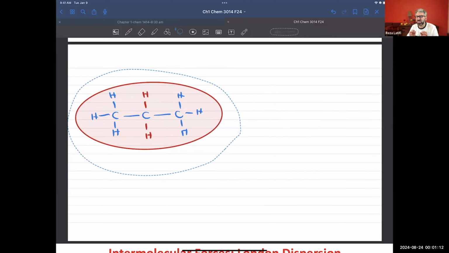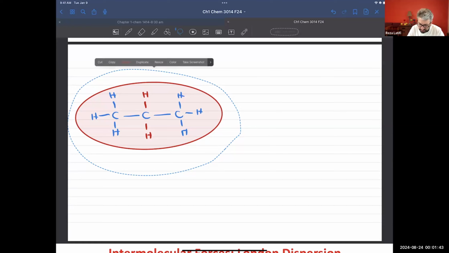Or, for a really short time, the electrons somehow move to one side of the molecule. In that case, you will have positive and negative poles. So either because of the collision or for a really short time, electrons move to one side. It doesn't matter which side.